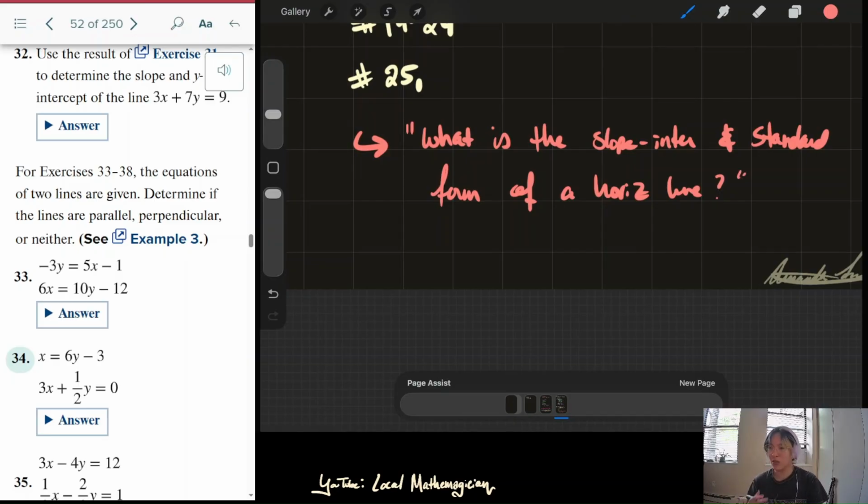Okay, so imagine some horizontal line and you don't know what its x value is, right? Call it A or something like that, right? What is the slope, intercept, and standard form of it?